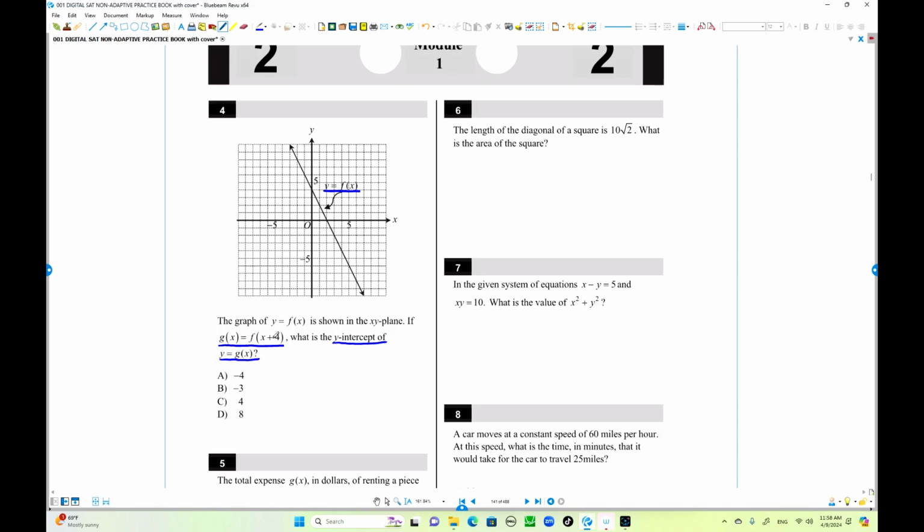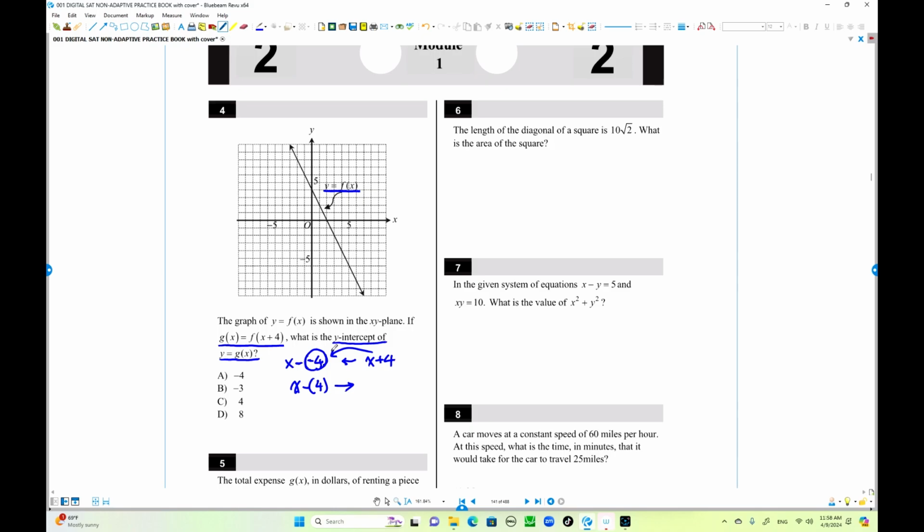Actually, what is that? 4 units to the left, not right. Because this is x minus 4, a negative number moves to the left, a positive number moves to the right. So x plus 4 moves to the left.